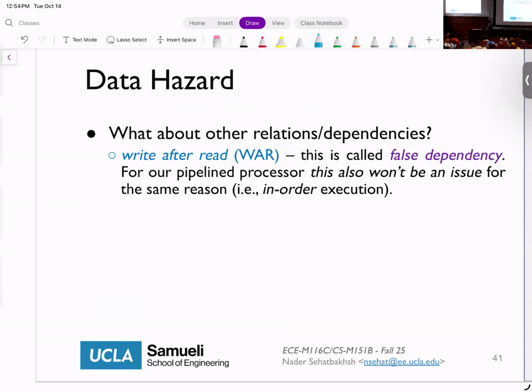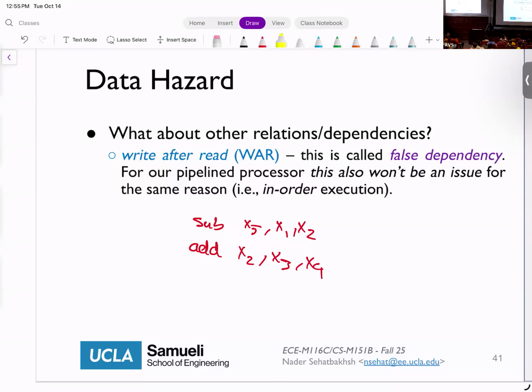Second one is what we call write after read. This one is also not a true dependency. This is actually called false dependency. An example is again sub x5, x1 and x2, and this one is add x2, x3 and x4.